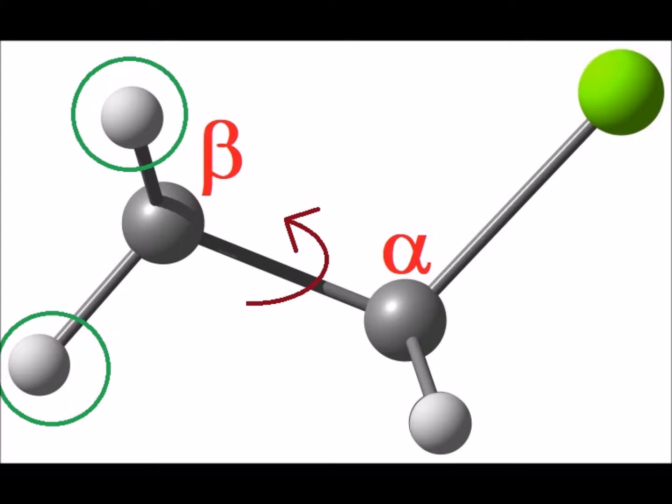Because there is free rotation around this carbon-carbon single bond, any of the three beta hydrogens could conceivably be in the anti-periplanar position necessary for the E2 elimination reaction.